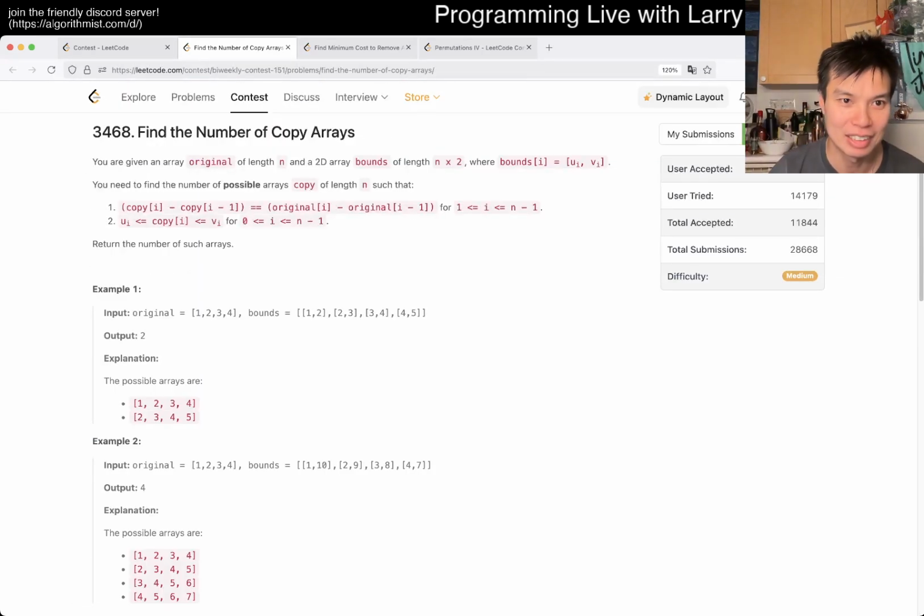That was too fast, honestly. Copies 5 minus copy minus 1. Say what? Number of possible arrays copies such that, okay, so you have the original array, you have copies, and the deltas are the same, but the bounds are, okay.